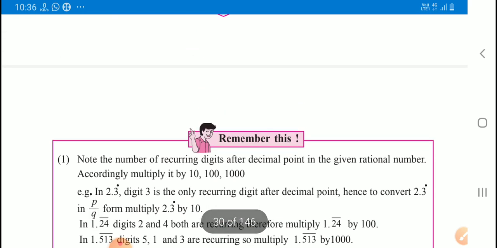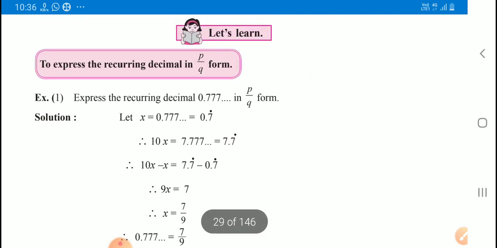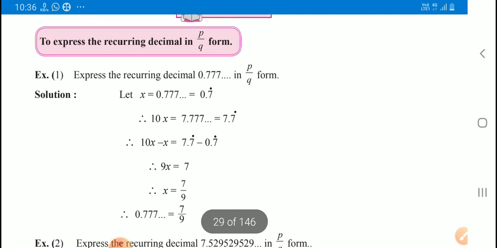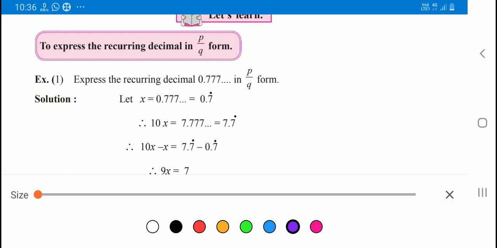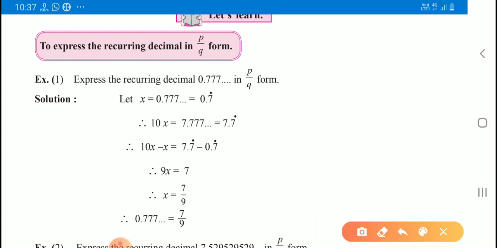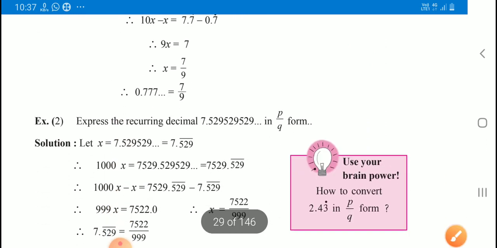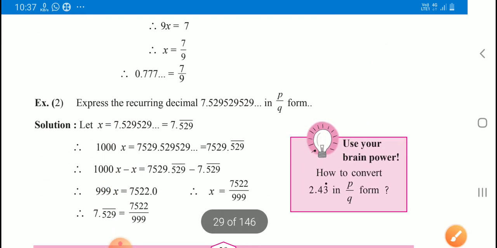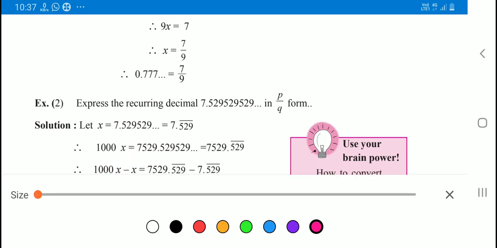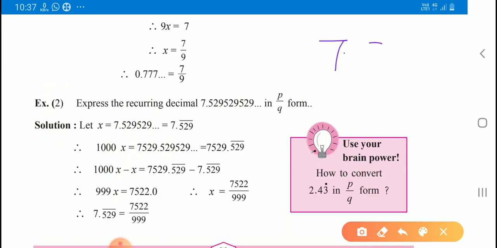Okay, same thing we did in the first example. There they gave 0.777, means 0.7 recurring, so we took 10x. Then in the next example, 7.529, we took 1000.